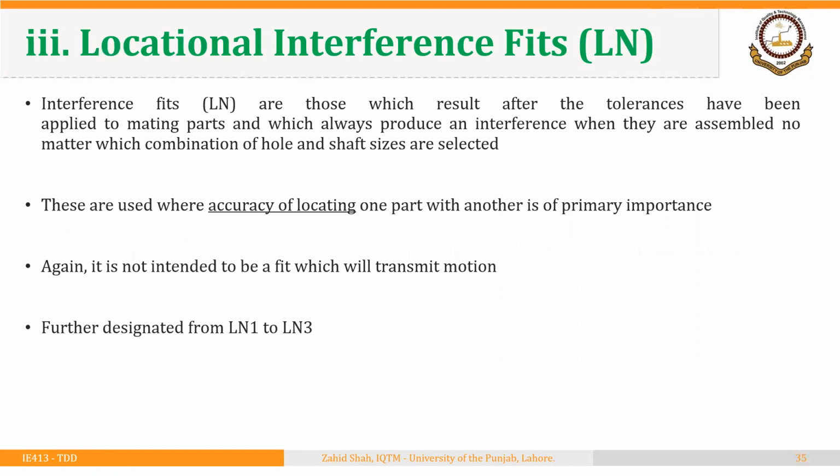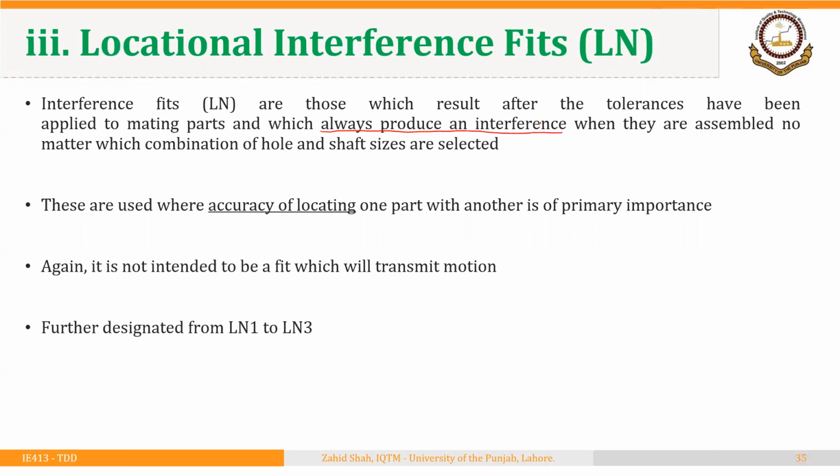Interference fits are those which result after the tolerances have been applied to mating parts and which always produce an interference when they are assembled, no matter which combination of hole and shaft sizes are selected. So clearance fits always produce a clearance and interference fits always produce an interference.